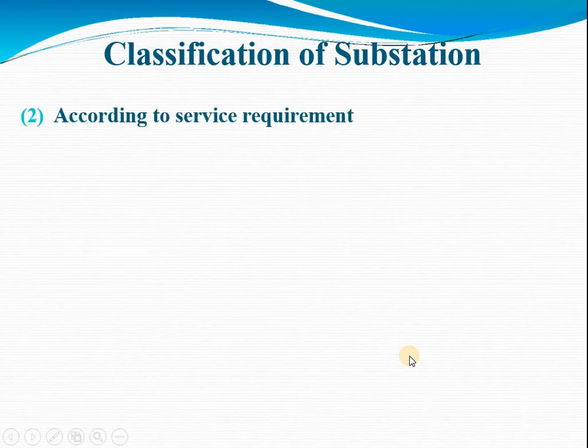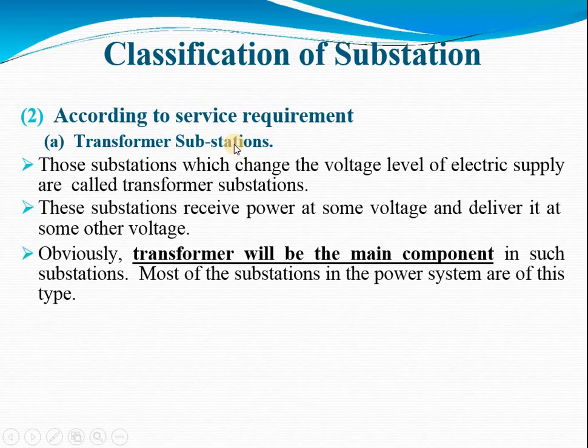The second classification is according to the service requirement. The first sub-classification is the transformer substation. Those substations which change the voltage level of electric supply are called transformer substations.